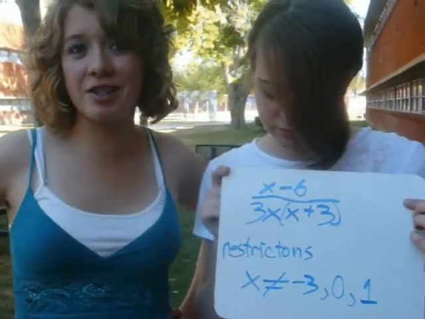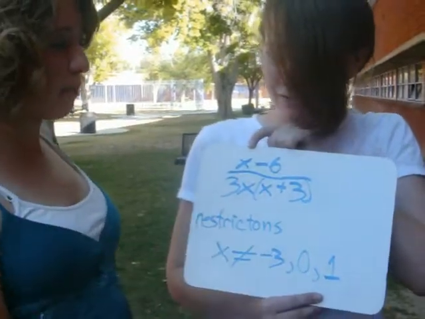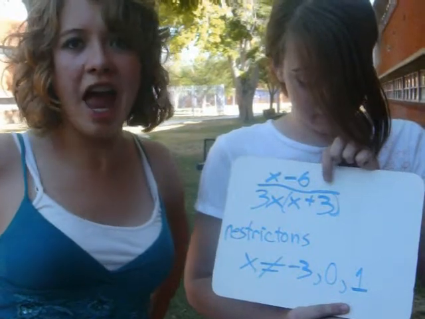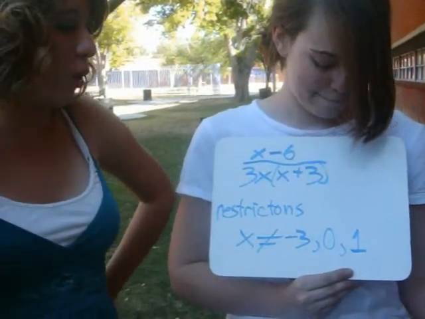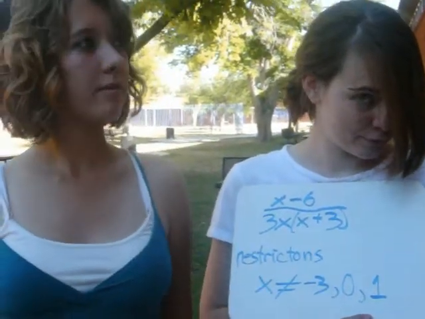If you did solve this correctly, you would have gotten the answer x minus 6 over 3x(x plus 3). And your restrictions would be x cannot equal negative 3, 0, or 1.